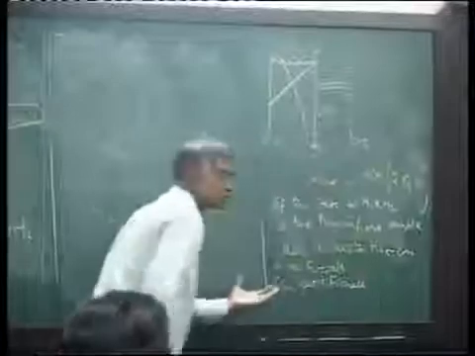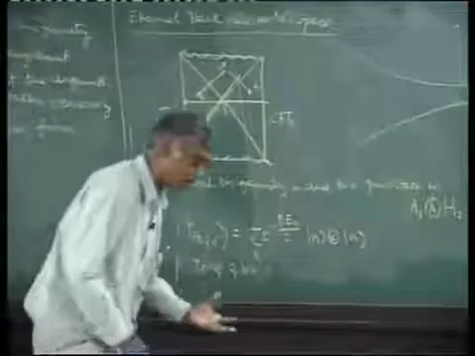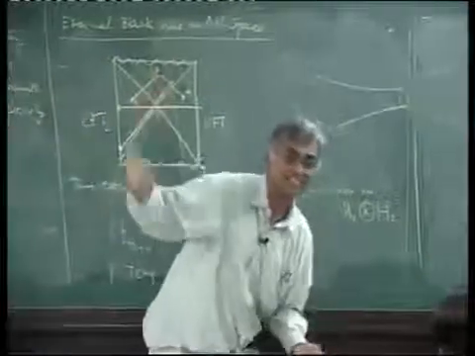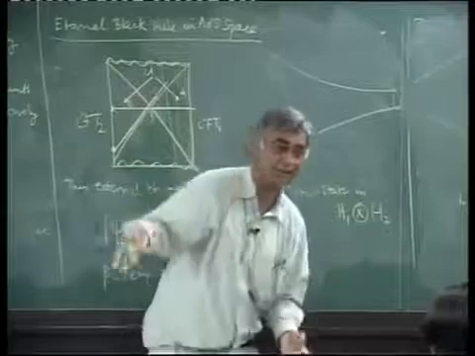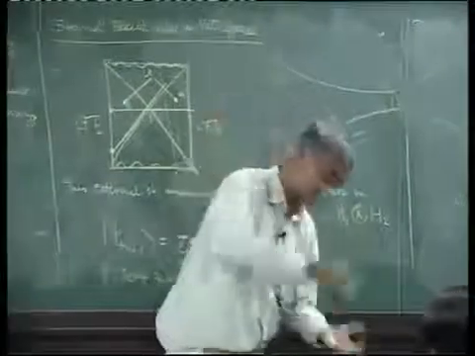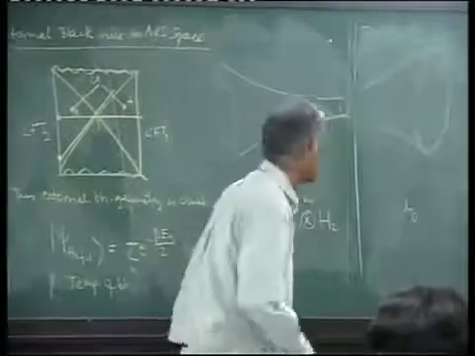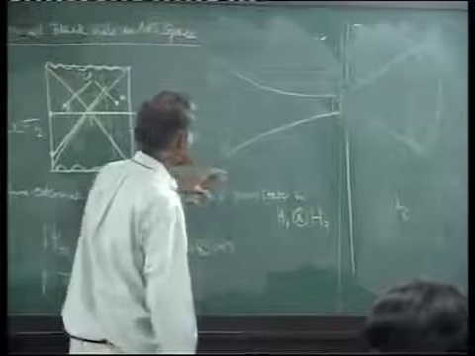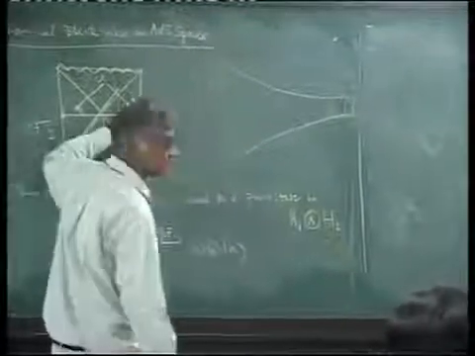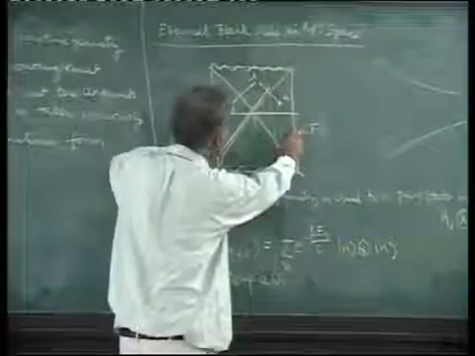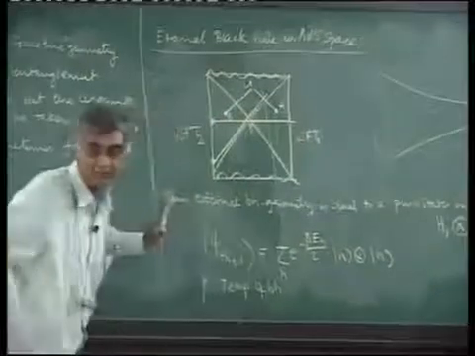How was it that they managed to avoid the arguments of AMPS? AMPS said, look, you're doing the experiment so far away, its outcome can't decide whether you have a firewall or not. If you grant us that sometimes you have a firewall, that's enough to say you must always have a firewall, because you don't have time to communicate that information of the measurement. It avoids it because you get a shortcut, in a sense, through spacetime provided by the Einstein-Rosen bridge. If you didn't have the bridge, these two CFTs could be very far apart from each other.